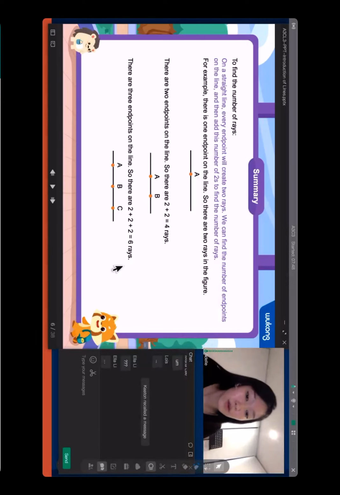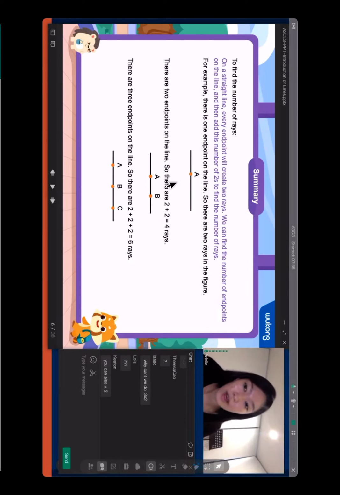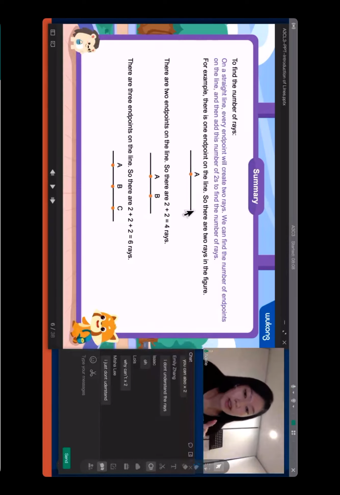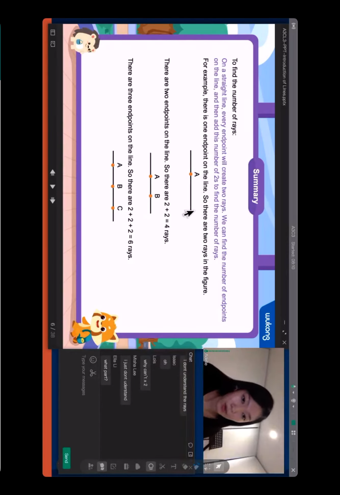So I'm just going to go through that again, because every endpoint we can have 2 rays, right? So that means for every endpoint that we see, we're going to plus 2. Okay, so you don't understand. Okay, the ray has to have 1 endpoint and a line extending from that endpoint towards one direction indefinitely.